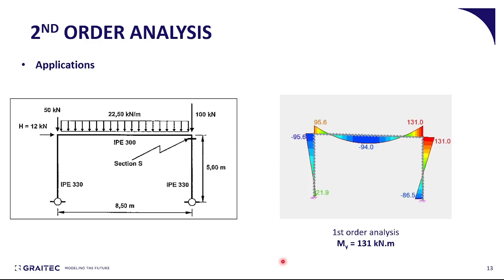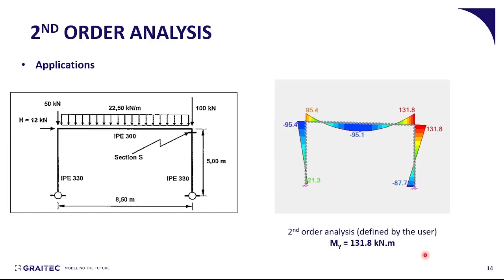In the first case, the bending moment of this frame when running a first order analysis climbs up to 131 kilonewton meters, whereas when the second order analysis is assumed, the bending moment at this particular section is slightly increased to 131.8 kilonewton meters.